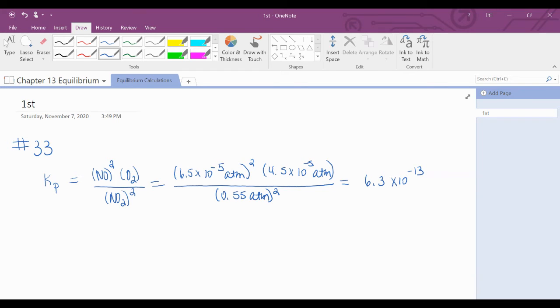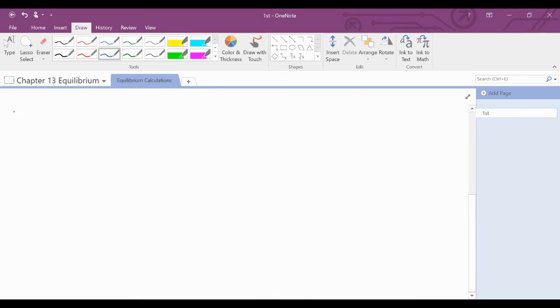The next one we're going to do is number 67. In number 67, they actually give me the value of K, and we are to determine the total pressure of the container.